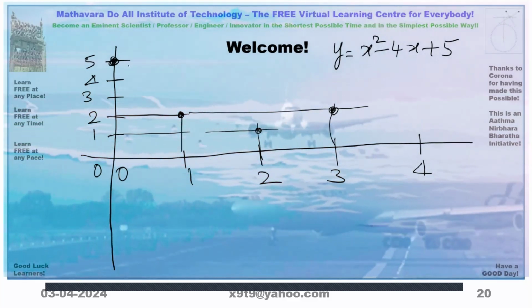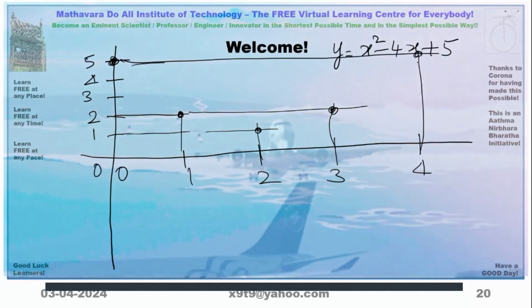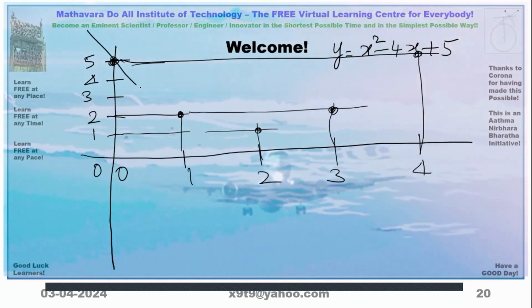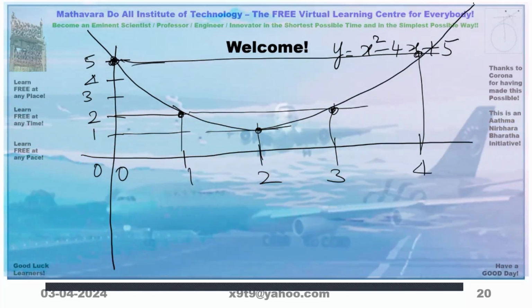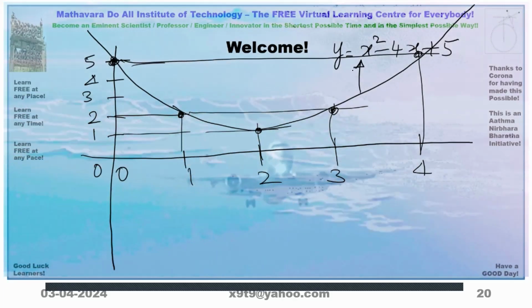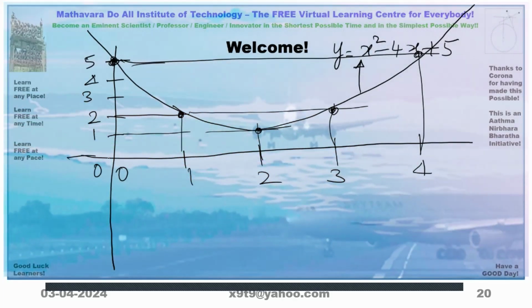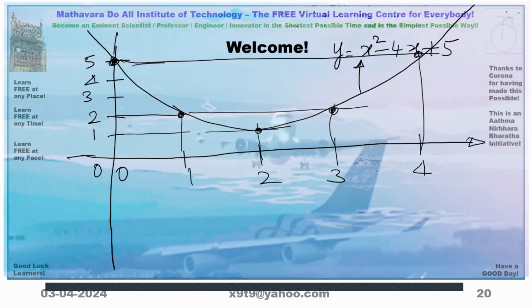Then the next one, we got it as 5. So the graph goes like this. So the equation of this graph is this one. But it won't touch or intersect the x-axis at all.